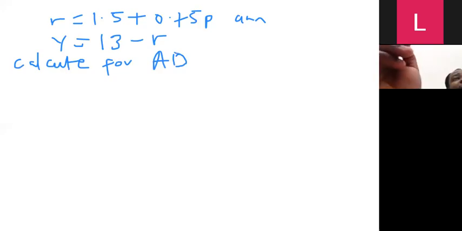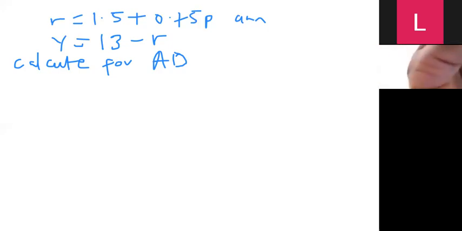So first you'll be asked to calculate AD, aggregate demand. If you recall from what we did yesterday, aggregate demand looks at the relationship between your output and inflation, in other words, your price. When I look at these two equations, let's call this equation 1 and this equation 2.